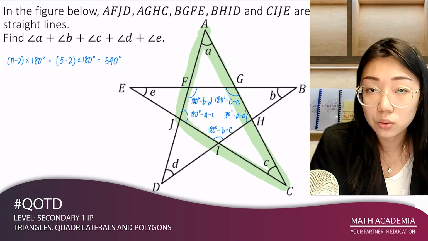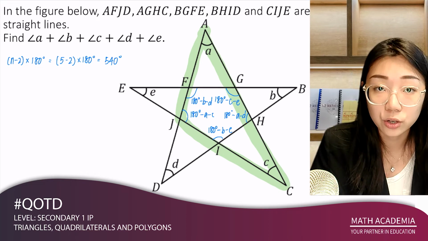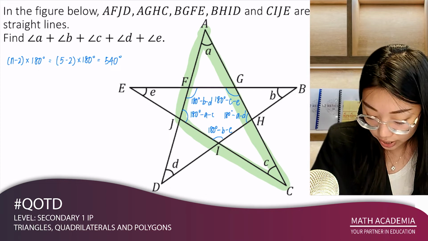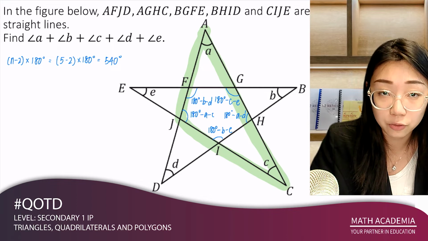Now that we know that the sum of the interior angles of a pentagon is 540 degrees, does it mean that I can add all of the angles that I have found previously, and this will give me 540 degrees?